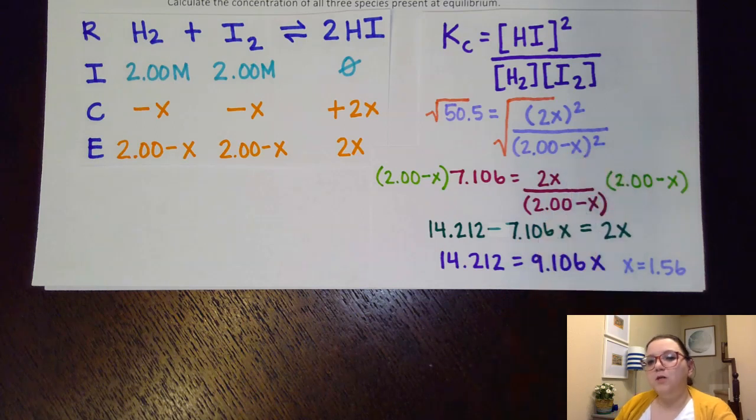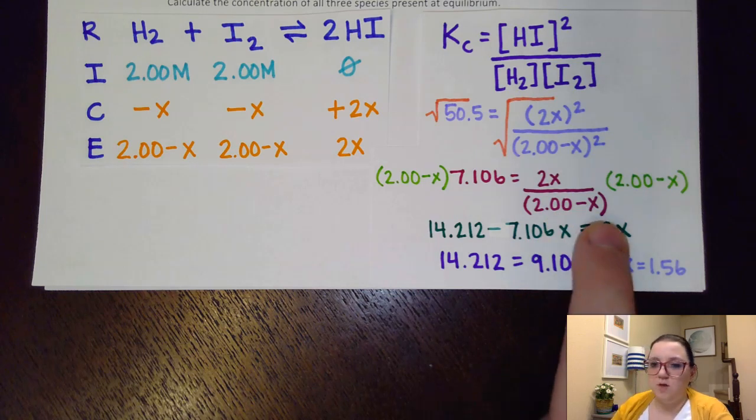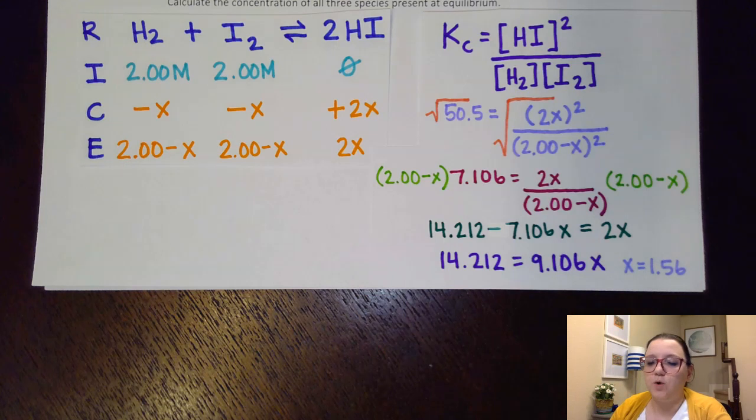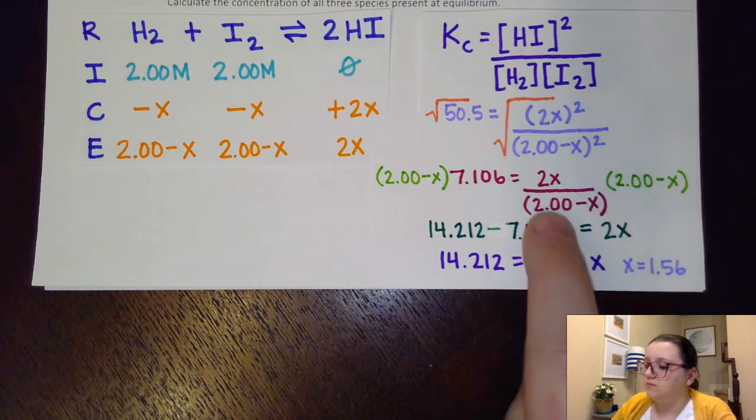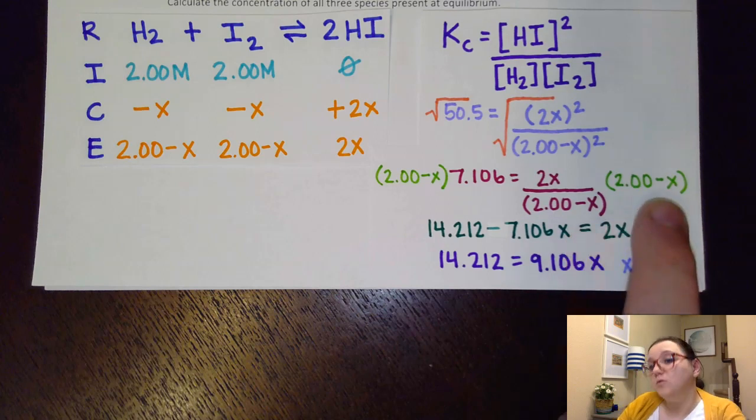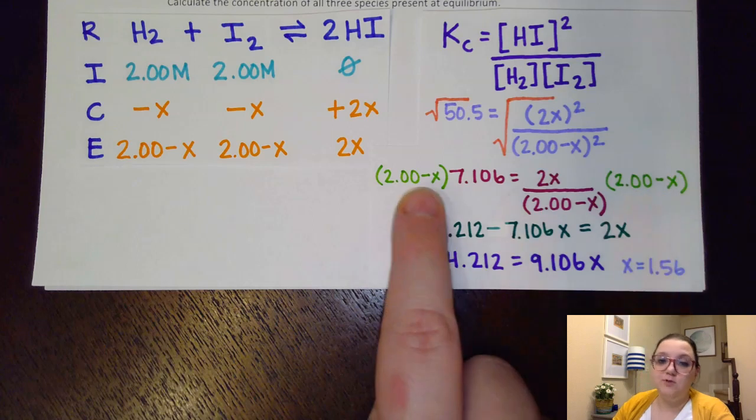Then what I want to do is get unknown variables out of the denominator. Remember, having x in the denominator is a terrible place for it. And so what I did is I multiplied by 2.00 minus x, in order to undo that division. And what I do to one side, I would do to the other.